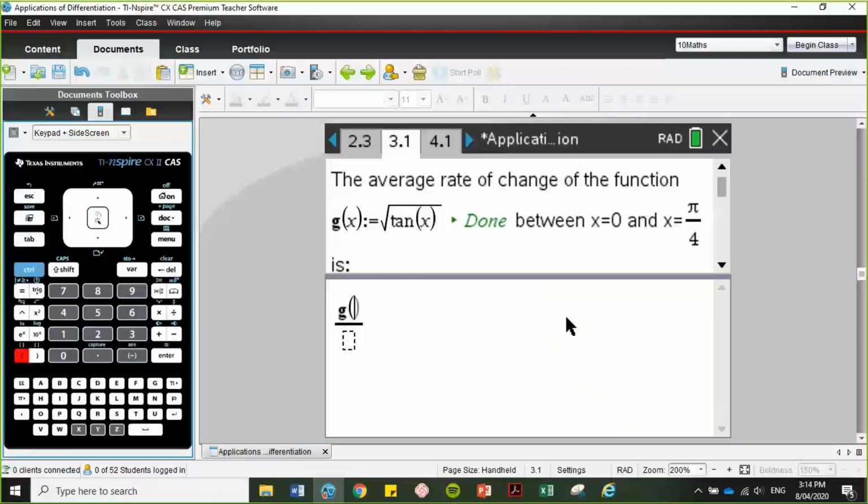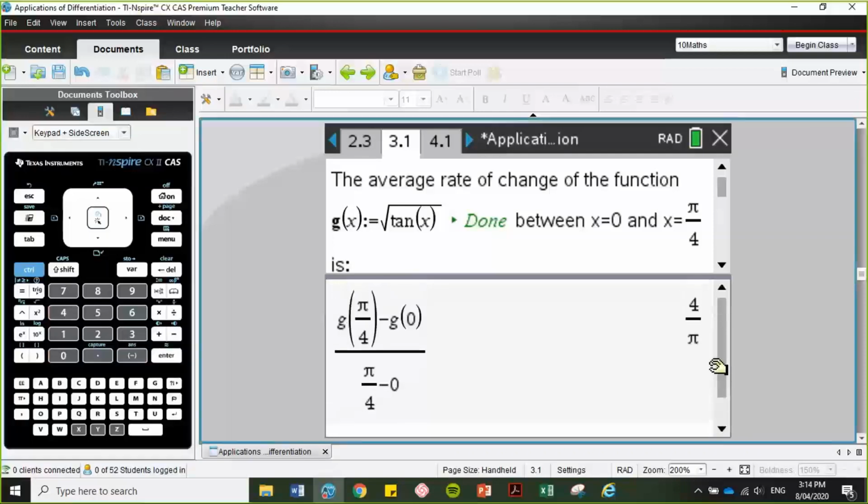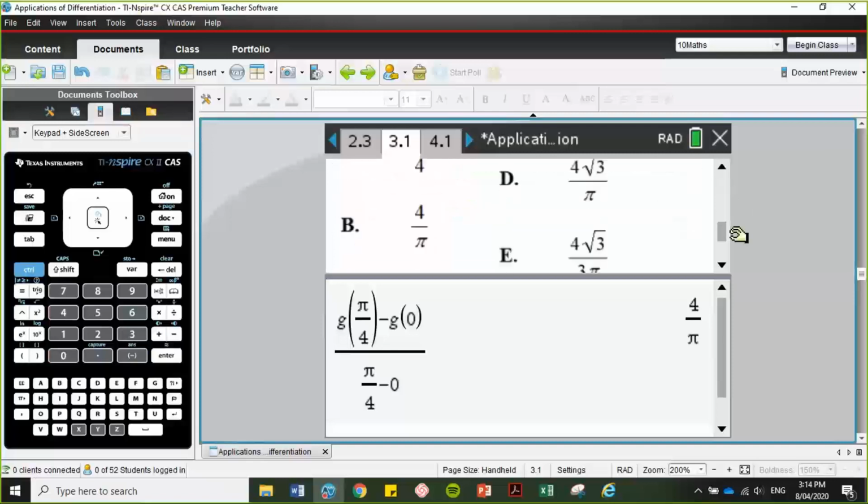I can use pi on a handheld, or I can use the pi button, which is down next to the letter h. g of pi on 4 minus g of 0 over pi on 4 minus 0. So obviously you probably don't need to worry about typing that in. I'm showing you the long way, I guess, if we didn't know that there's a shortcut for this. So hopefully I haven't done something wrong. Hopefully that's one of my answers in there. It looks like it is.